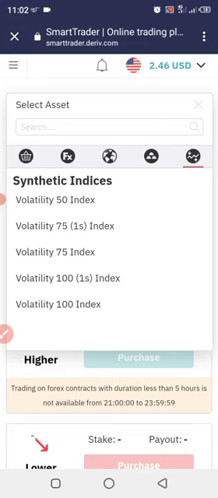And for those using mobile phones, you don't have a PC, you have a mobile phone, I cannot guarantee you 100% results when you are trading the rise and fall using the mobile phone. I have tasted it and I have tried it severally.